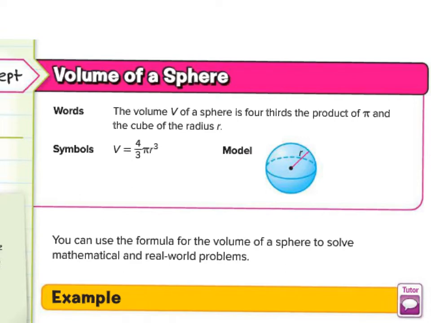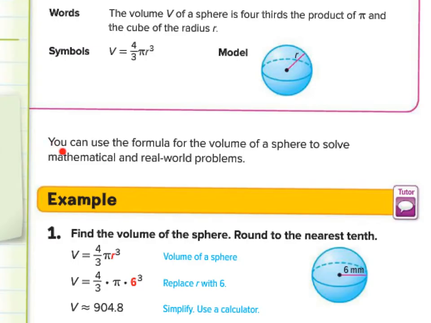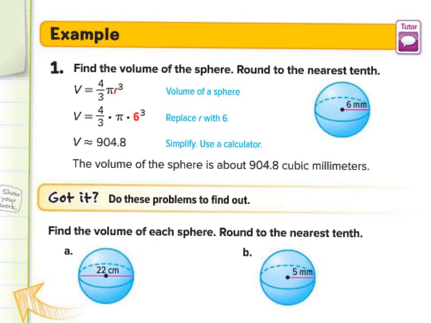This would be the cube, since we are looking for a three-dimensional figure, which would be exponentially one greater than area. So volume is equal to 4/3 pi radius cubed. You can use the formula for the volume of a sphere to solve mathematical and real-world problems, and that's just what we're going to look at.